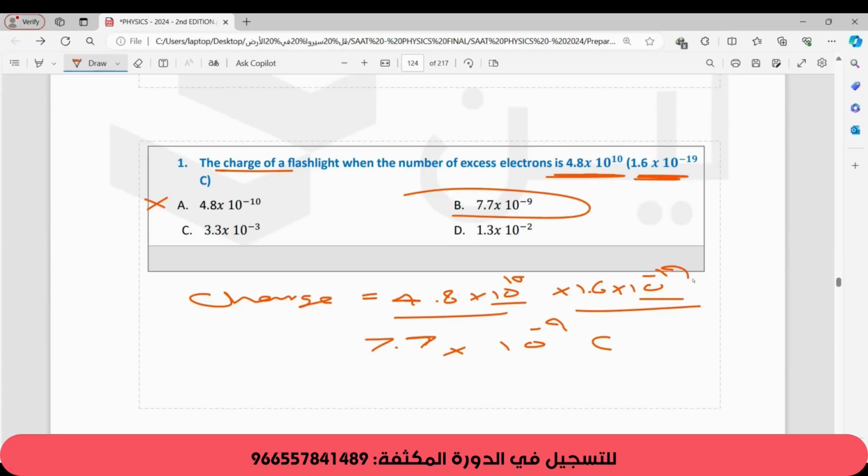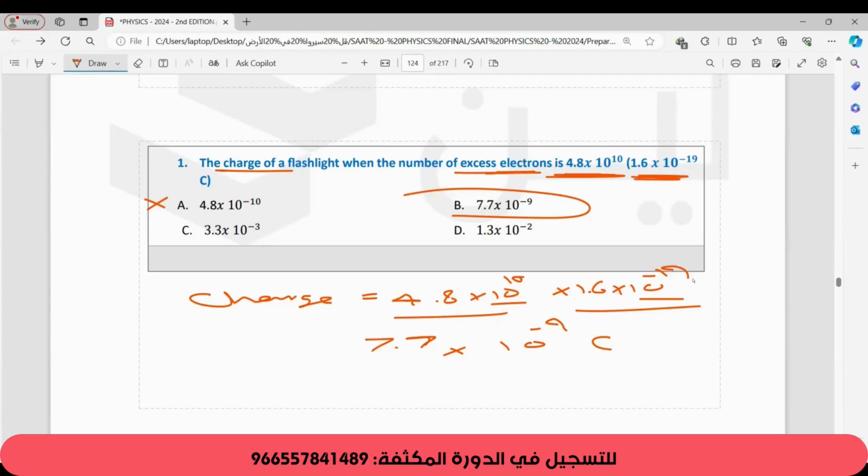Is it clear, guys? How do we solve it? Clear? Not clear, Yasmin? Okay, I think it's clear. Just again, this is the number of excess electrons, how many electrons we have: 4.8 times 10 to the power 10, billions and billions of electrons. We need to get the charge of those billions of electrons. How do we get that?